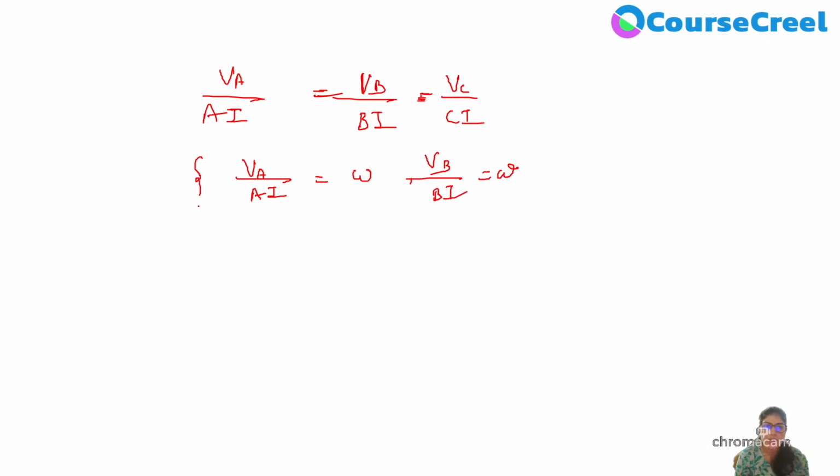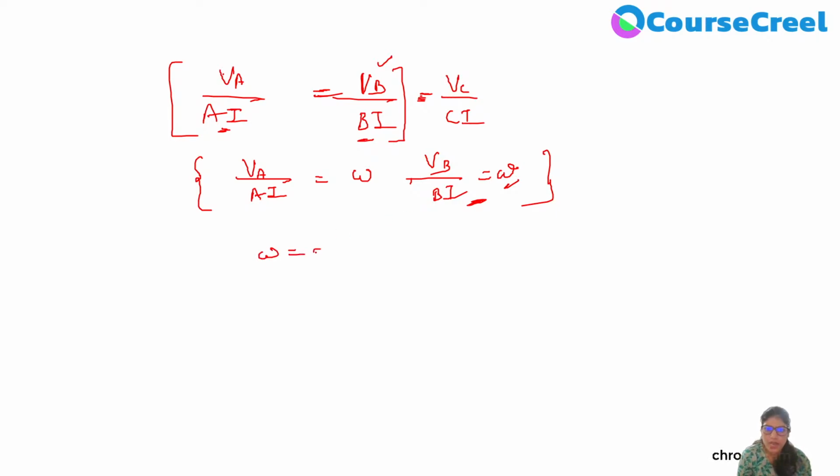In this manner, we can define the velocities. With the help of this equation, we can define the velocity. VA is known, AI and BI we can define in terms of radius, and VB is unknown. So the magnitude of VB we can define with the help of this equation, or with the help of this other equation if we have the angular velocity.